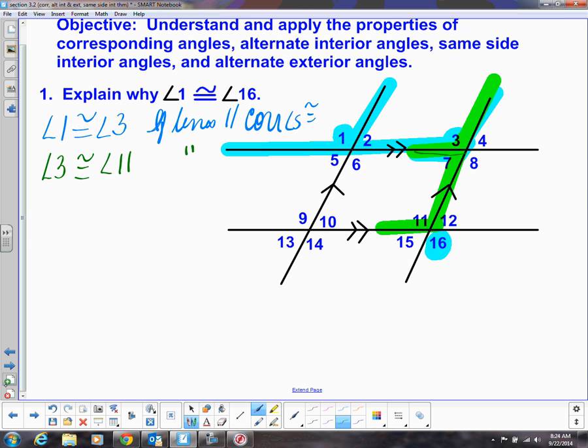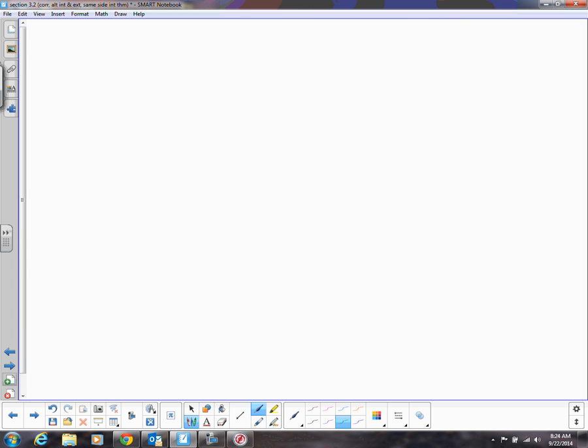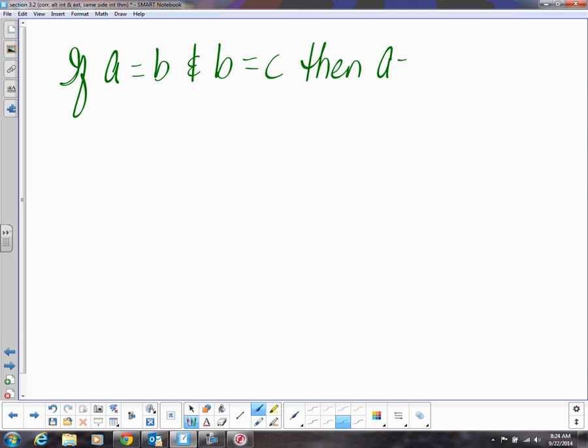All right, so we have to back up a minute. If A is equal to B and B is equal to C, then A is equal to C. This is called the transitive property.